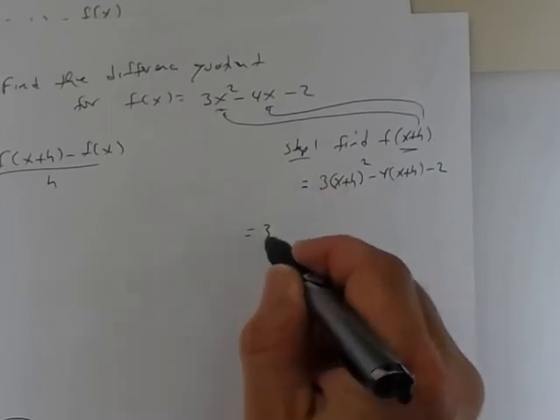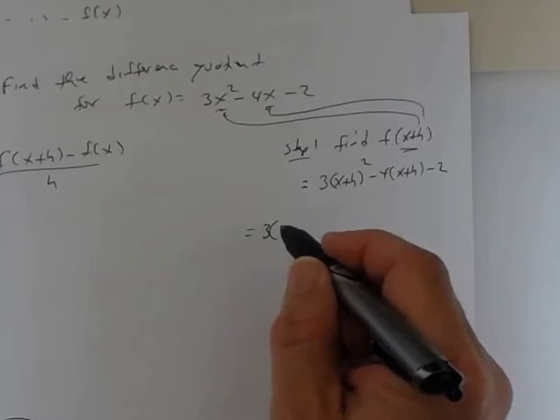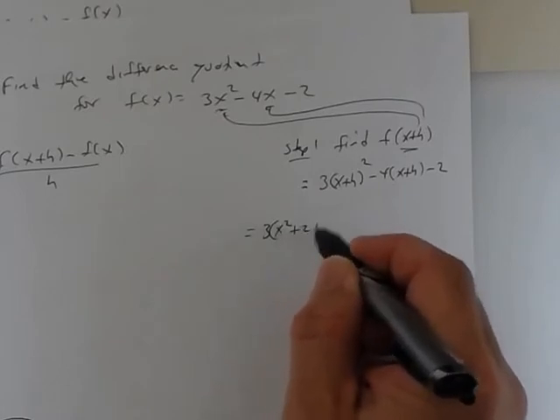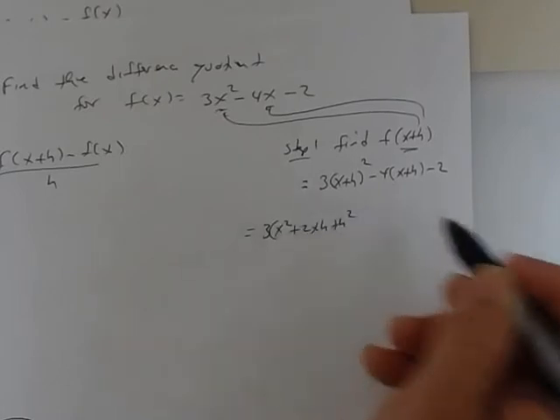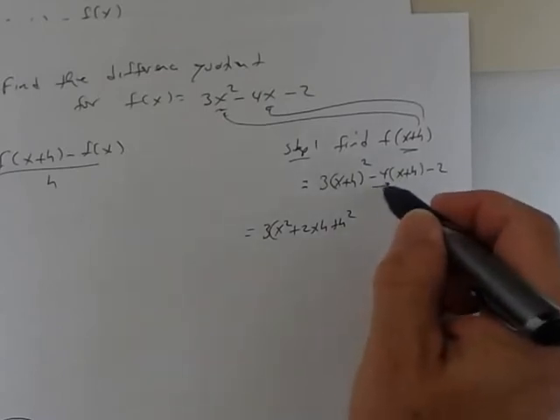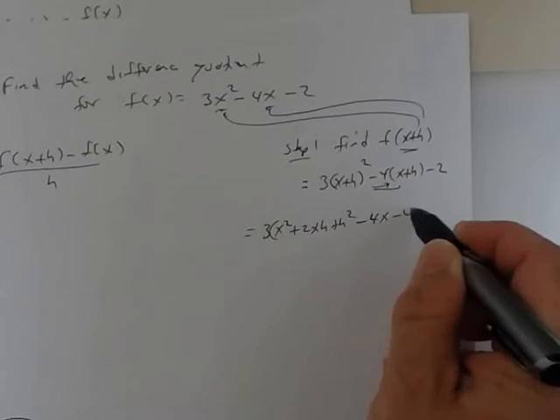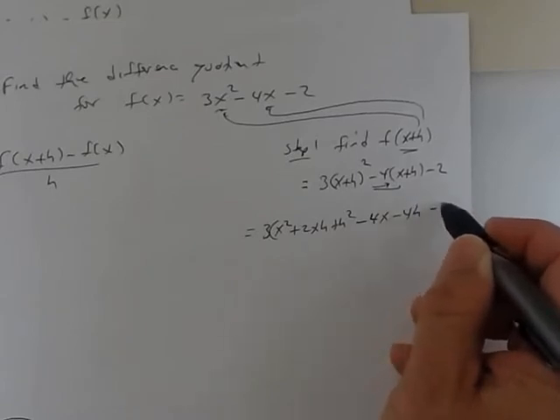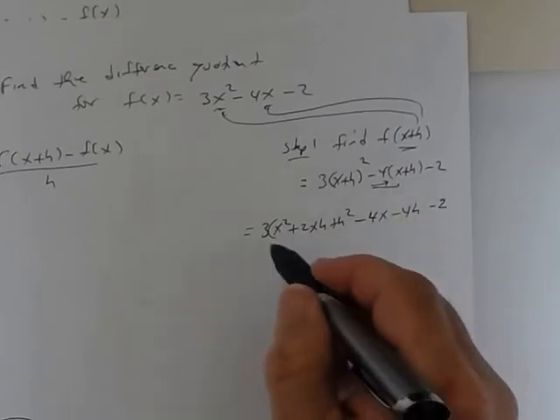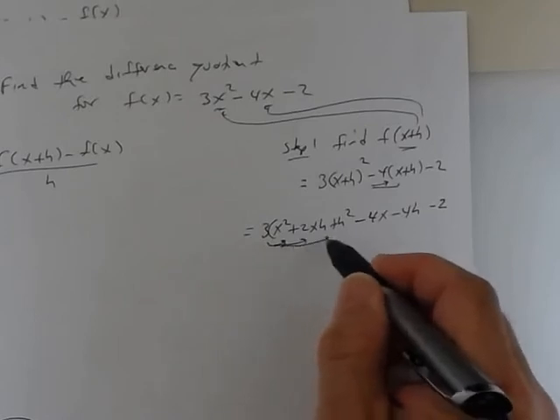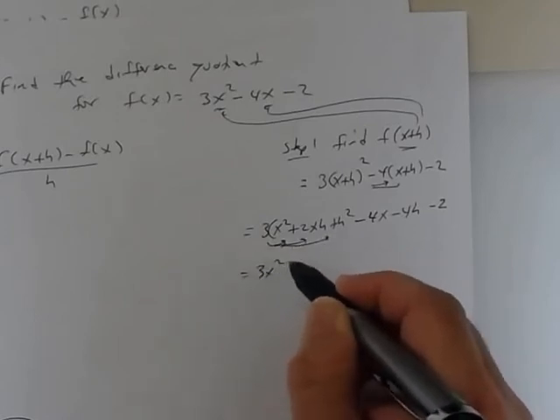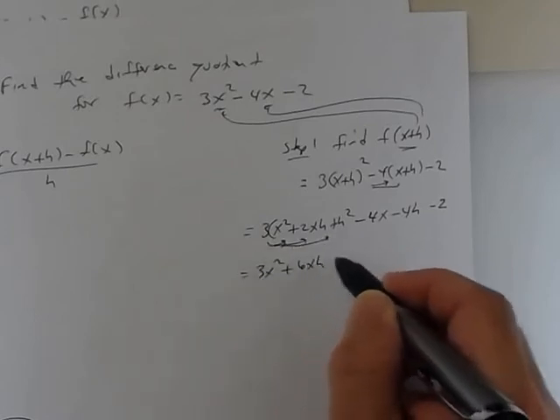So I'm going to say 3 times what? Okay. Now distribute the negative 4. What do I get here? Minus 2. Now distribute the 3. What do you get? Good.